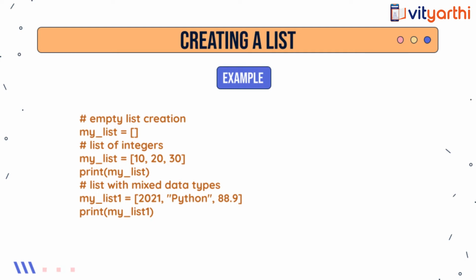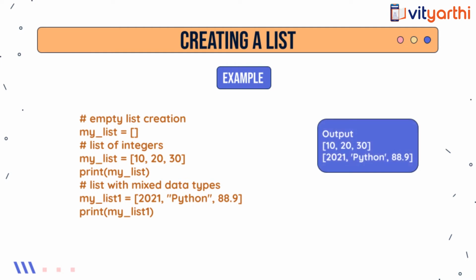List of integers: my_list = [10, 20, 30]. print(my_list). List with mixed data types: my_list1 = [2021, 'Python', 88.9]. print(my_list1). Output is 10, 20, 30, 2021, Python, 88.9.